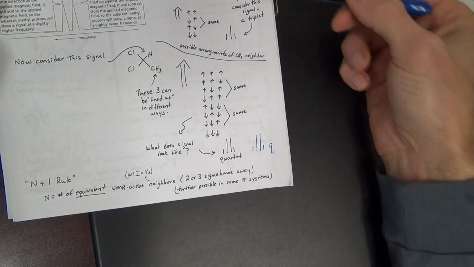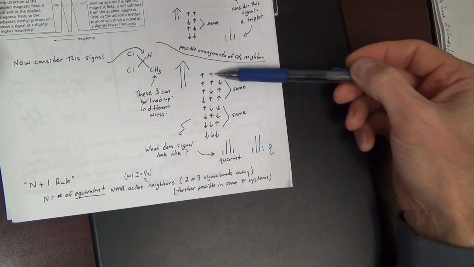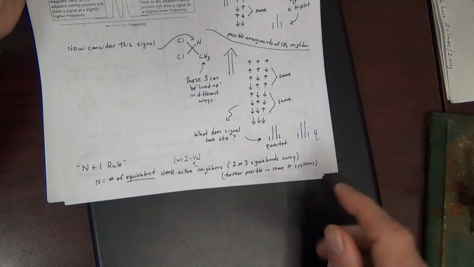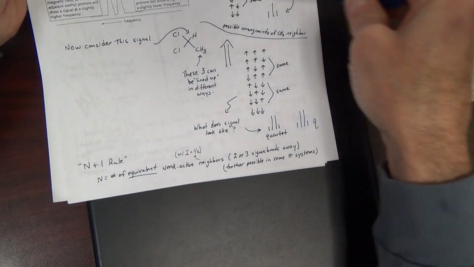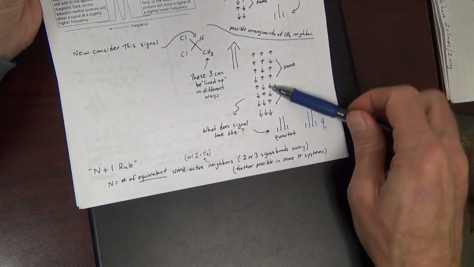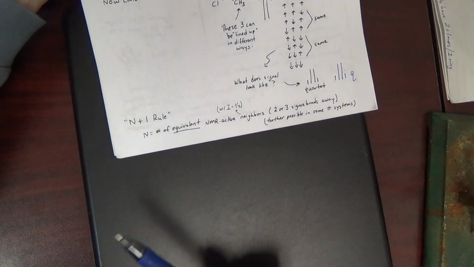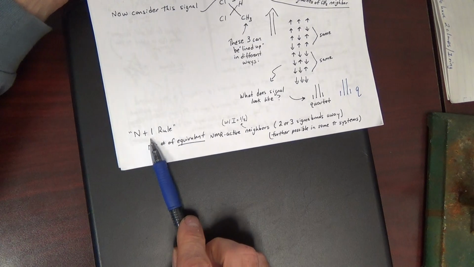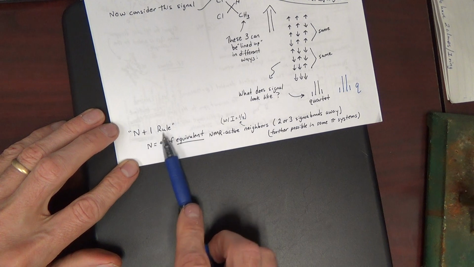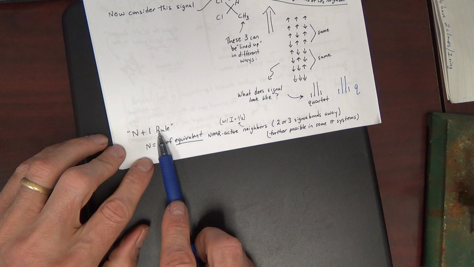All right, that's the theory. Luckily, you don't have to go through this theory and look at the possibilities each time. This can be boiled down to some math here. The possibilities can be given by a mathematical rule called the n+1 rule. All right? The n+1 rule will tell you what the splitting will be for your given signal.